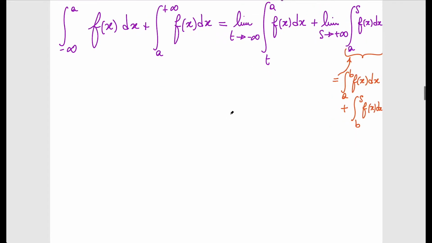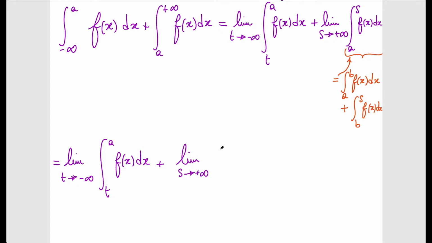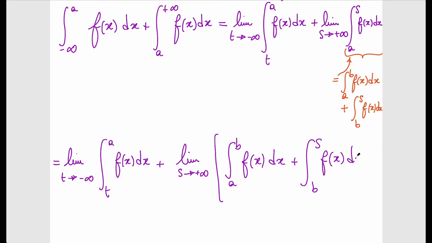This is then equal to the limit as t goes to minus infinity of the integral from t to a of f of x dx, plus the limit as s goes to plus infinity of the integral from a to b of f of x dx plus the integral from b to s of f of x dx. Correct? So we get that.